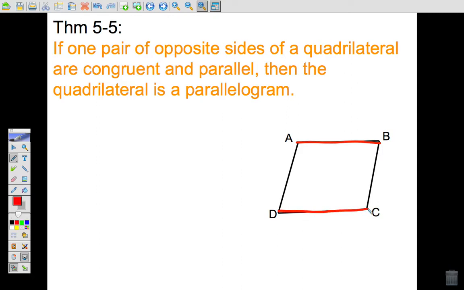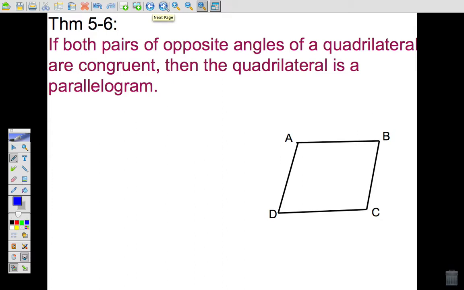If this pair of sides are equal and parallel, then quadrilateral ABCD is a parallelogram. Or, I'll put this in a different color, if this pair of sides are equal and parallel, it's a parallelogram.